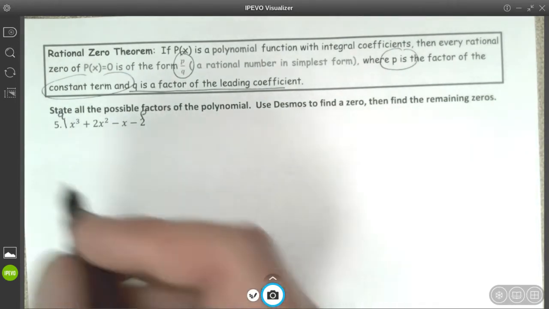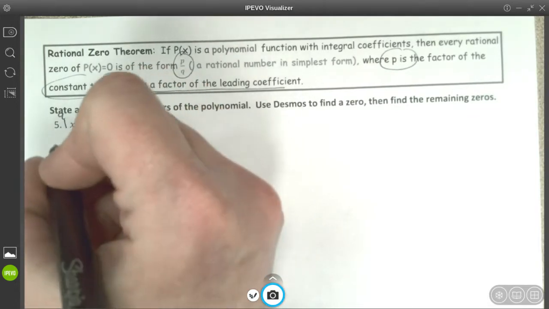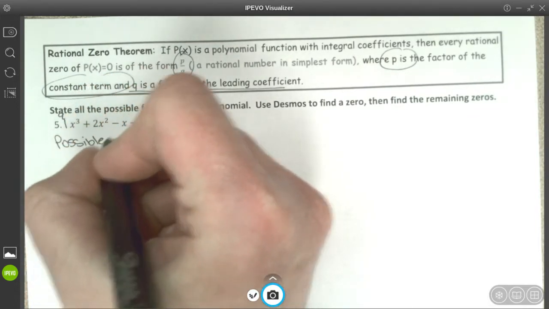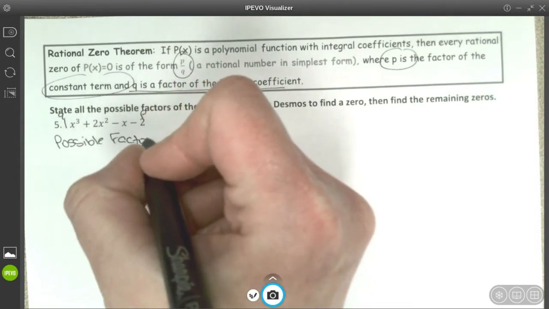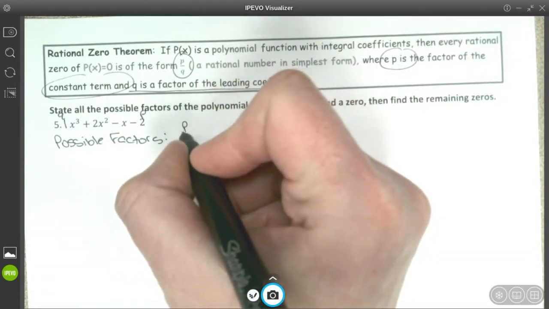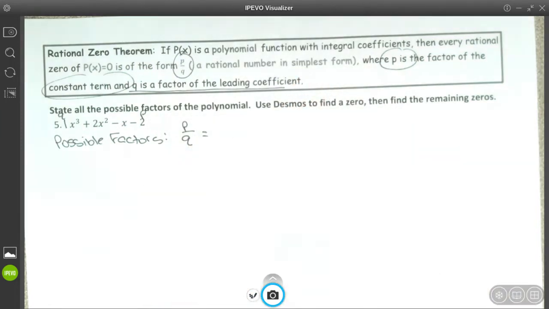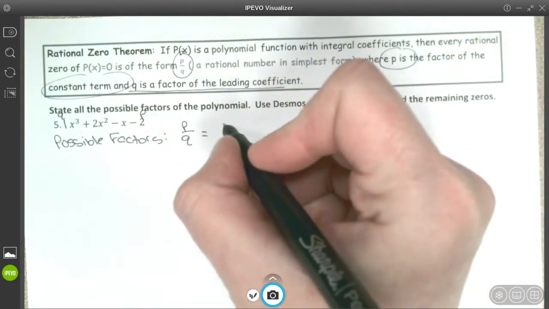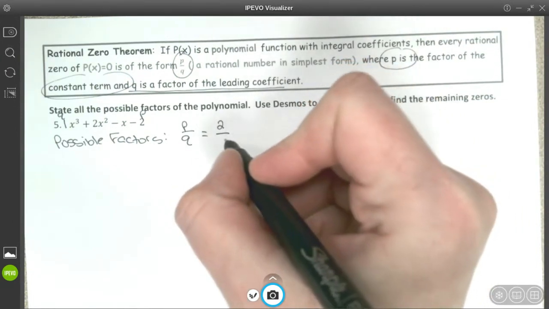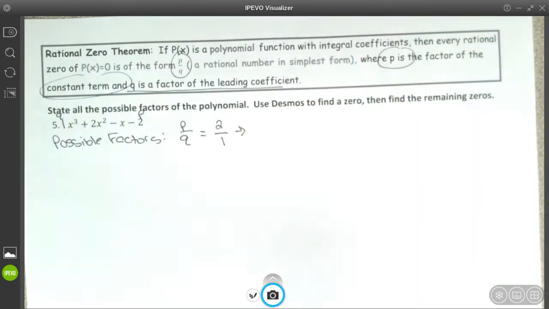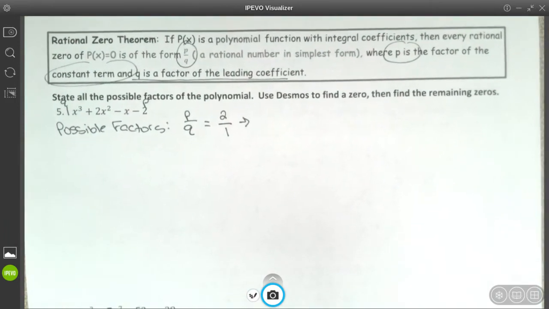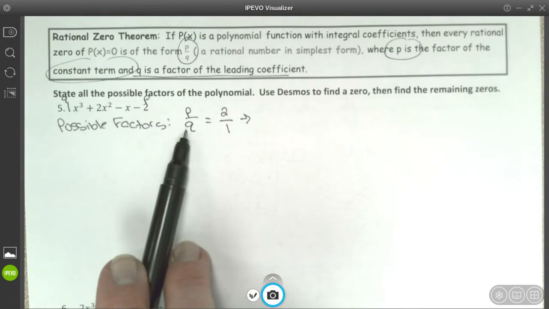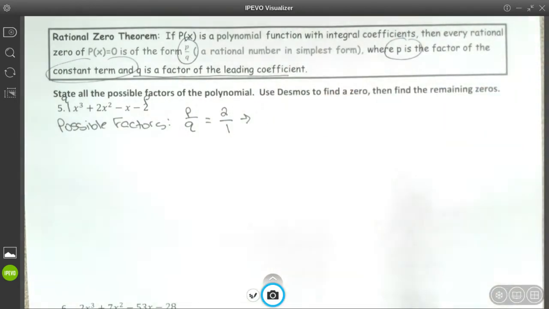So we write my possible factors as a ratio of P over Q. So my P is 2 and my Q is 1. And negatives don't matter in this scenario. So here's what you do.